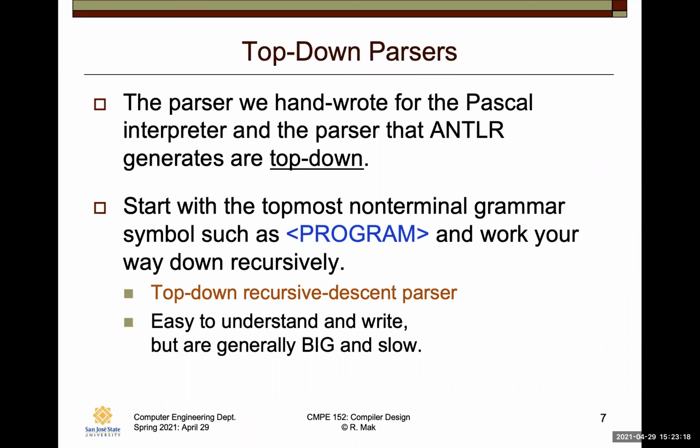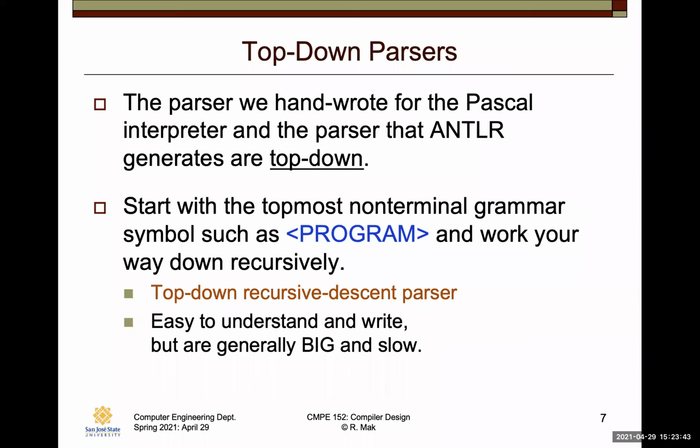For example, when you're parsing a program, a program is made up of declarations and a compound statement. And a compound statement is made up of statements, and a statement could be an if statement. And the if statement is made up of more statements and a Boolean expression, and so forth and so on. So that's called top down.